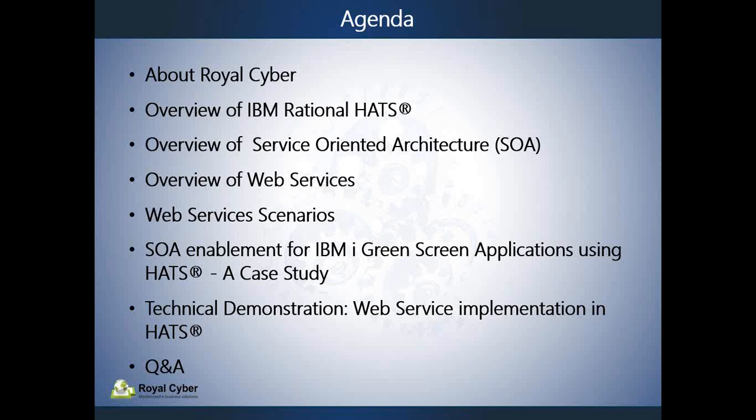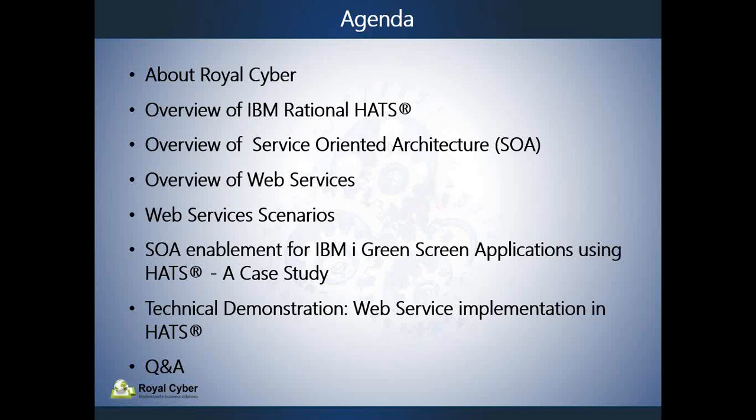Let us give a very brief introduction about us, Royal Cyber. Royal Cyber is a modernized e-business solution provider specializing in software development. We are IBM Premier Business Partner, IBM Authorized Trainer, and Microsoft Certified Gold Partners.